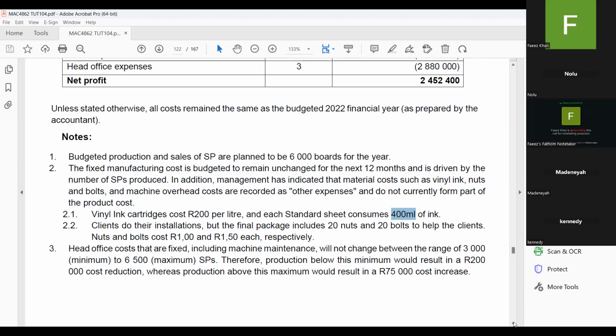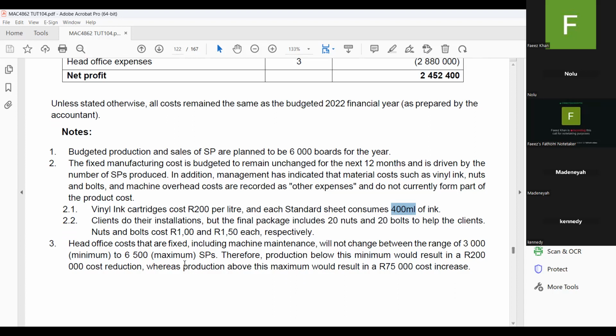Head office costs that are fixed, including machine maintenance, will not change between the range of 3,000 and 6,500. So when the quantity is between 3,000 and 6,500, this head office cost will remain the same.